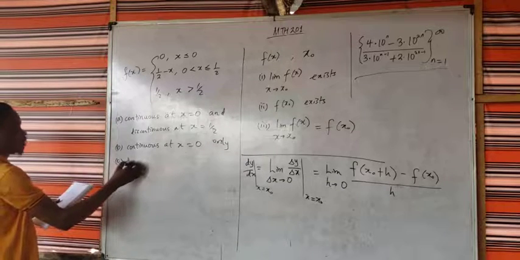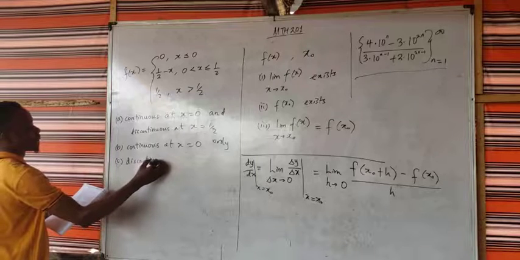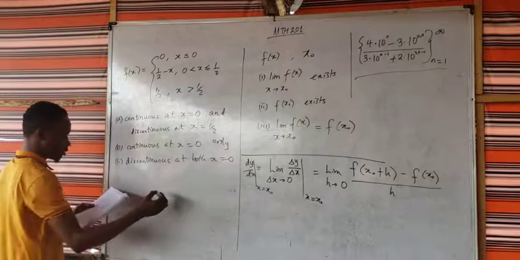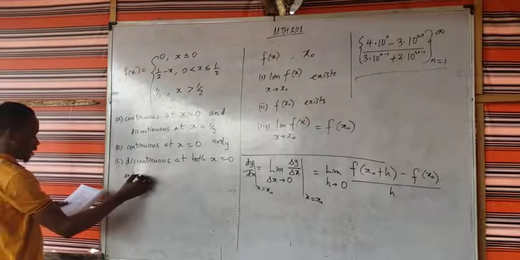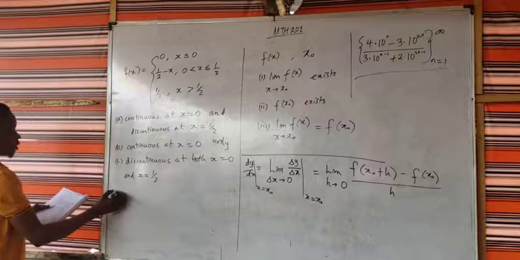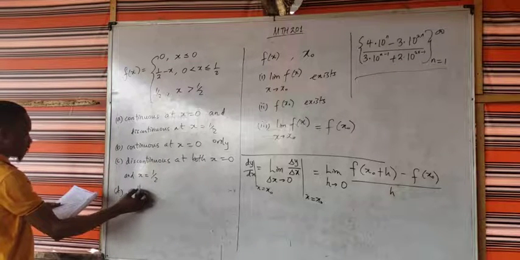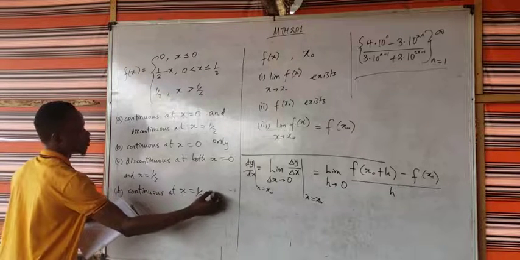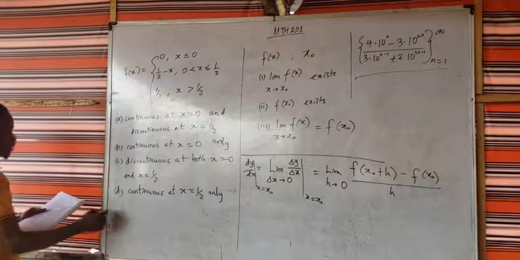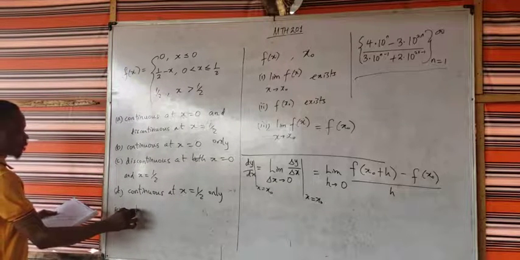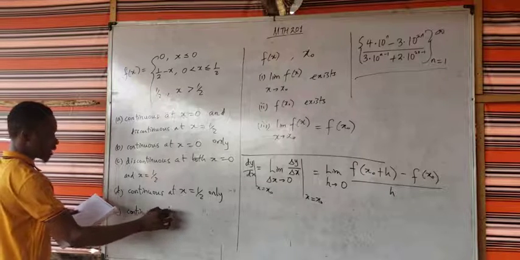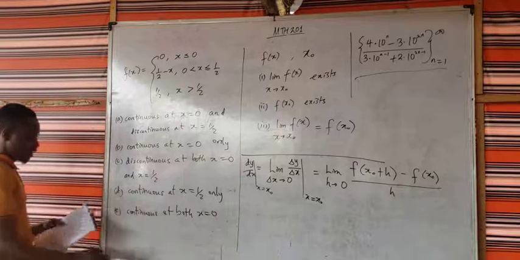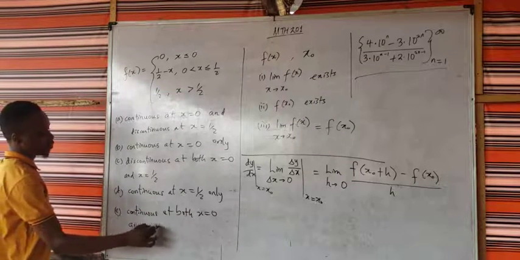C, discontinuous at both x equal to 0 and x equal to 1 over 2. D, continuous at x equal to 1 over 2 only, and E, continuous at both x equal to 0 and x equal to 1 over 2.